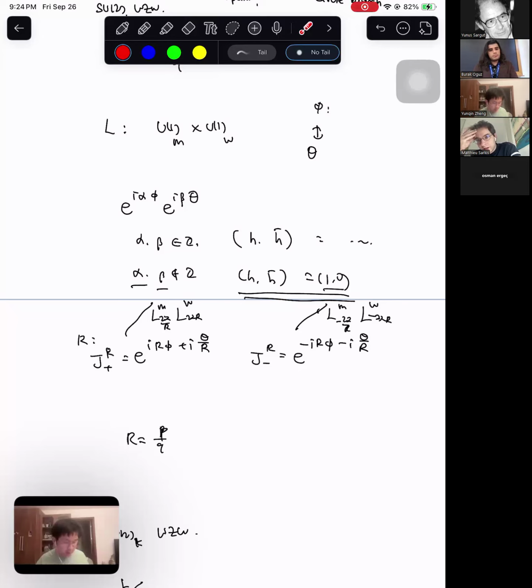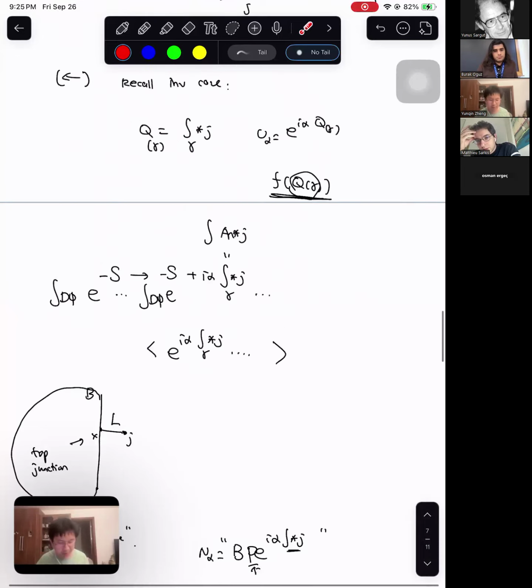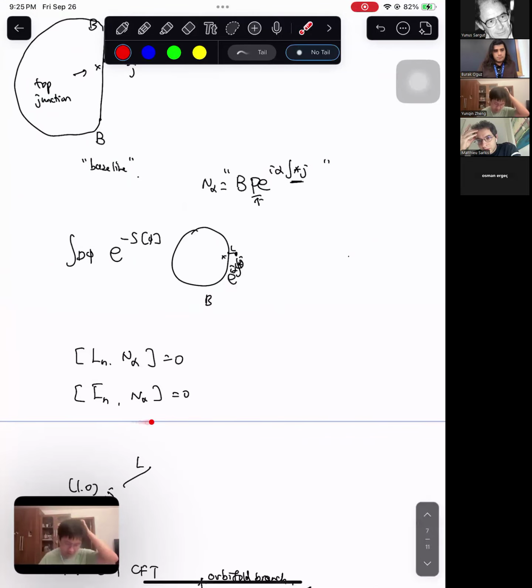One point I didn't mention is that in fact we don't have a proof for the topologicalness of these symmetries in the non-CFT cases.